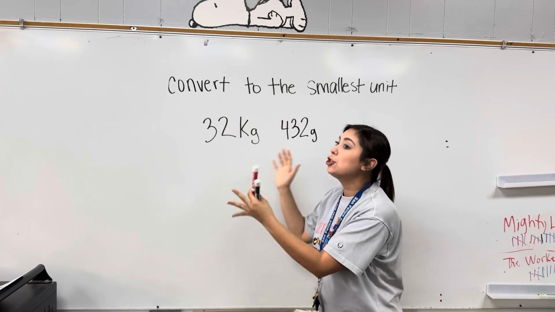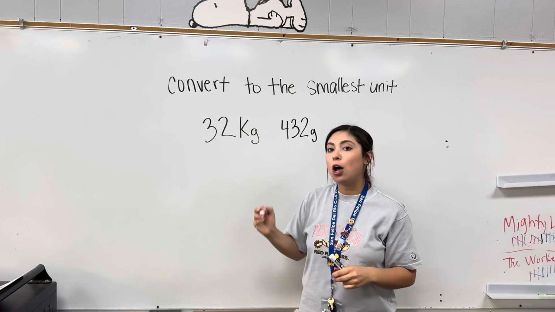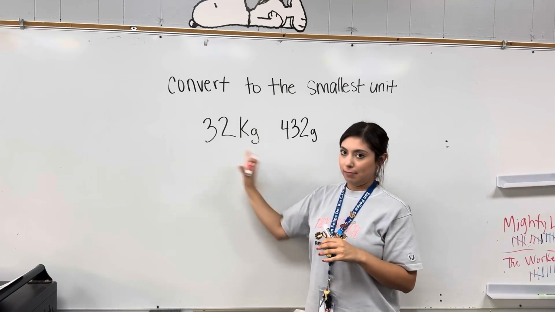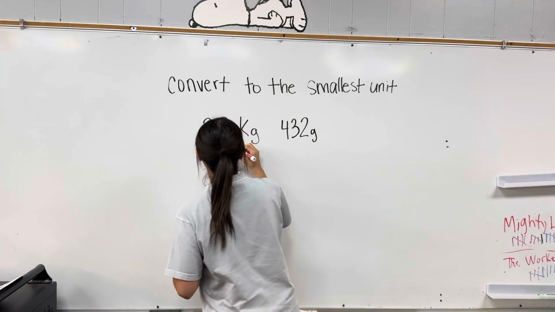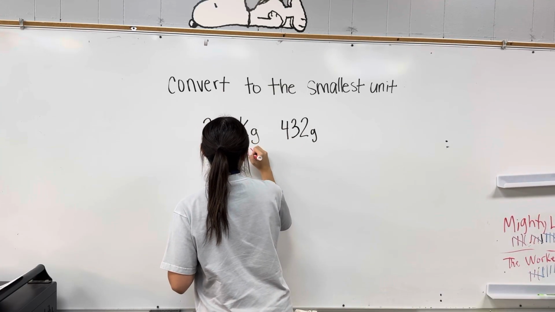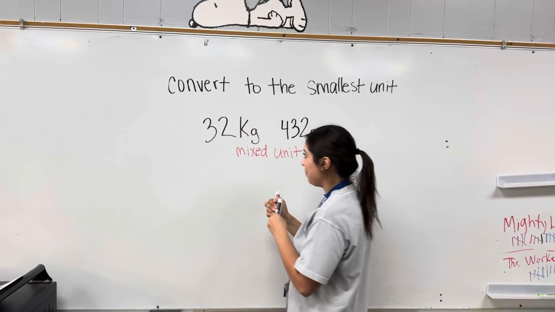So now that I have all of that settled, this is a single measurement. A single measurement that has mixed units is called a mixed unit, right? A mixed unit measurement. Okay?